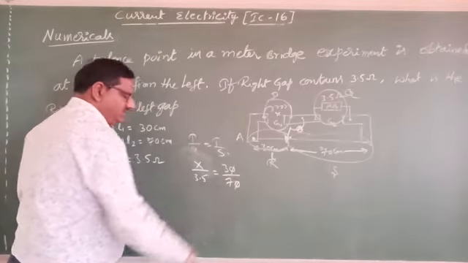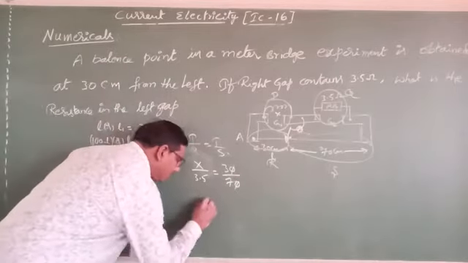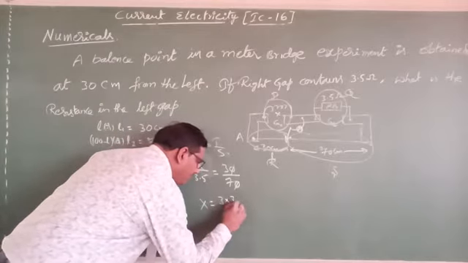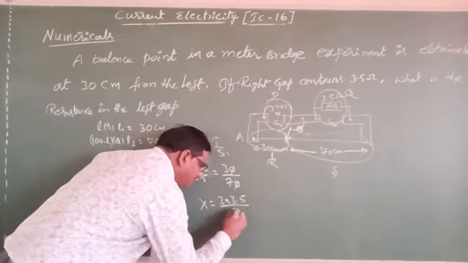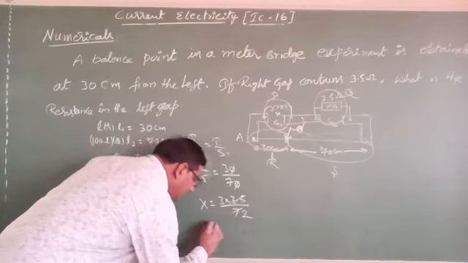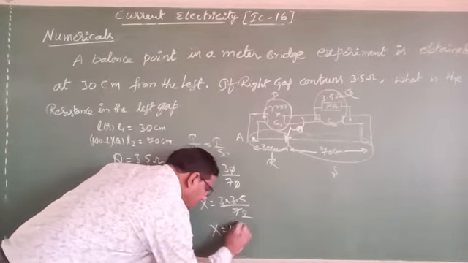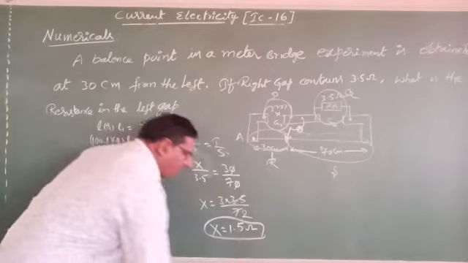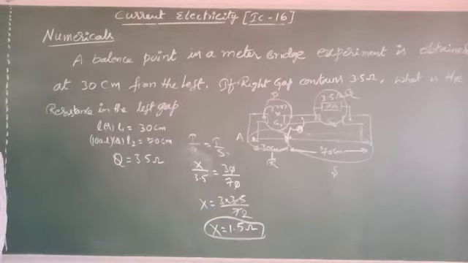Now the zeros get cancelled. Then X equal to 3 into 3.5 by 7. Now 3.5 in 7 goes 2 times. Then X equal to 3 by 2, which is 1.5 ohm.